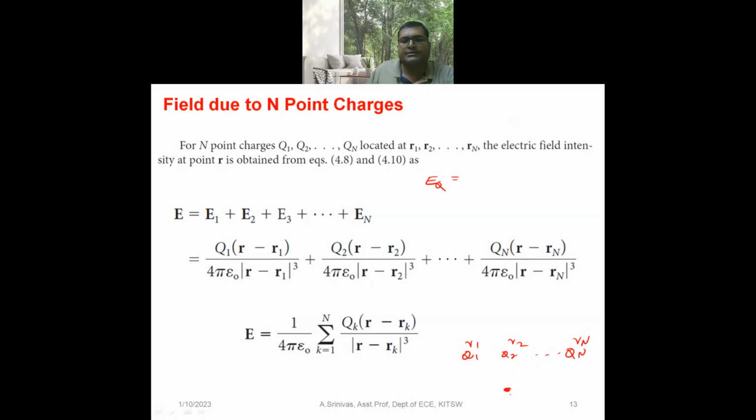We are supposed to calculate the electric field intensity at a point R with charge Q. That is, we are supposed to determine the force at Q due to n number of point charges divided by the charge at the position vector R, and it is given by the equation; refer to its simplified version.